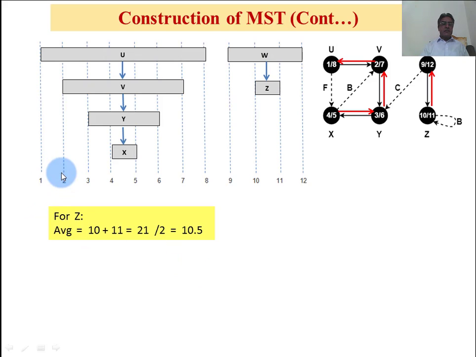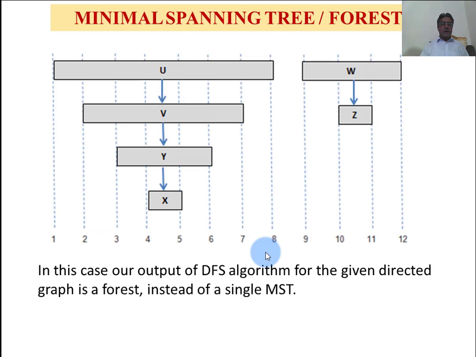So the root of this tree is U and the root of this tree is W, while the height of this tree is longer than this one. This is a forest, and this was constructed by the depth first search algorithm.